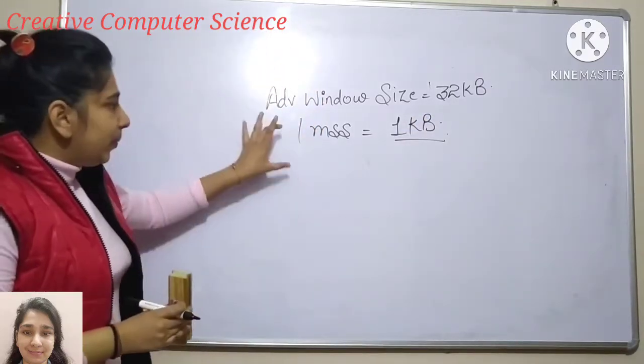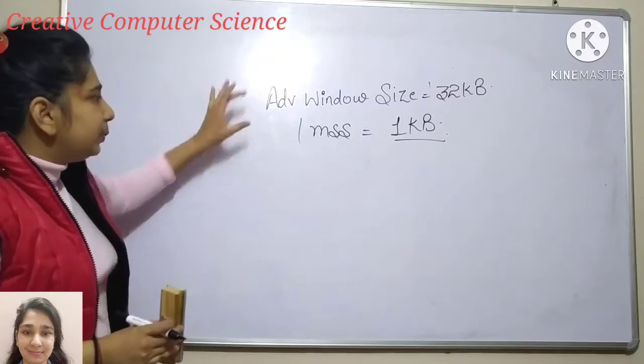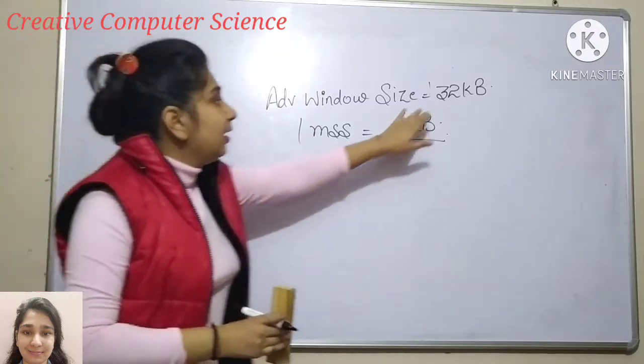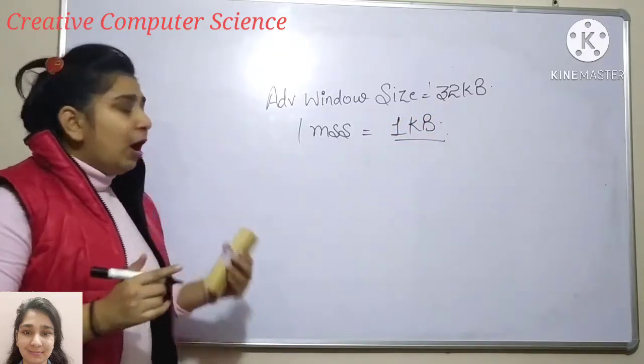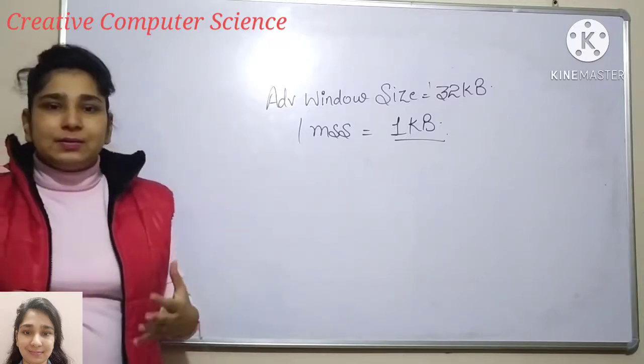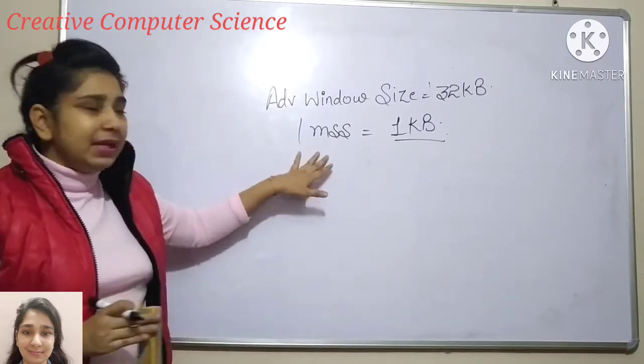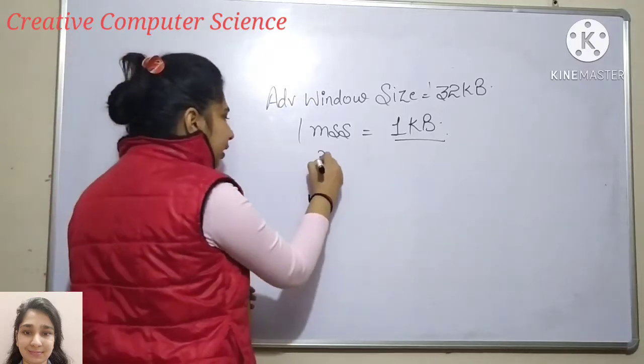So the total number of segments which the receiver can receive is 32 by 1.